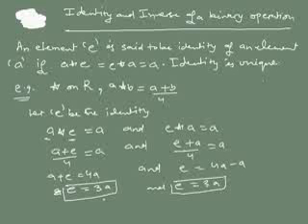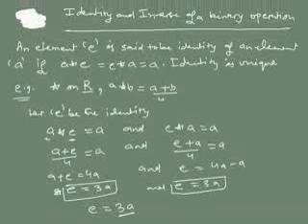So since we have only one identity 3A, and this 3A element belongs to R also, and identity always belongs to the set on which the binary operation is defined, therefore this is the identity element.